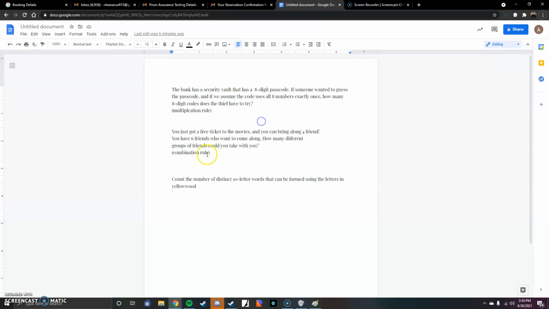Just gonna try to go back to the problem. So the next problem says count the number of distinct 10-letter words that can be formed using the letters in Yellowwood. So we have this word, and we're just gonna see how many letters repeat. So it would be L, W, O, and the E's not there.